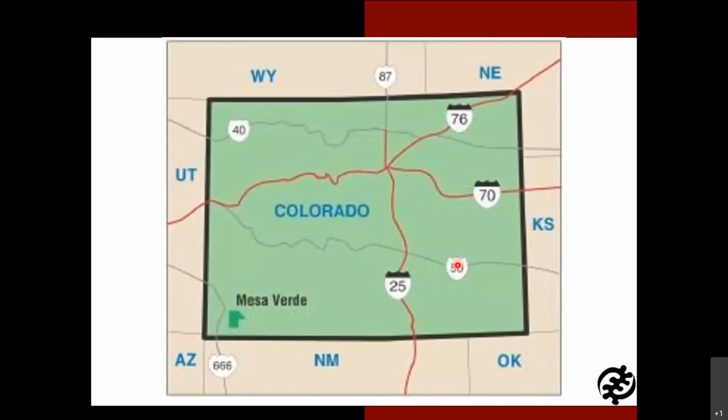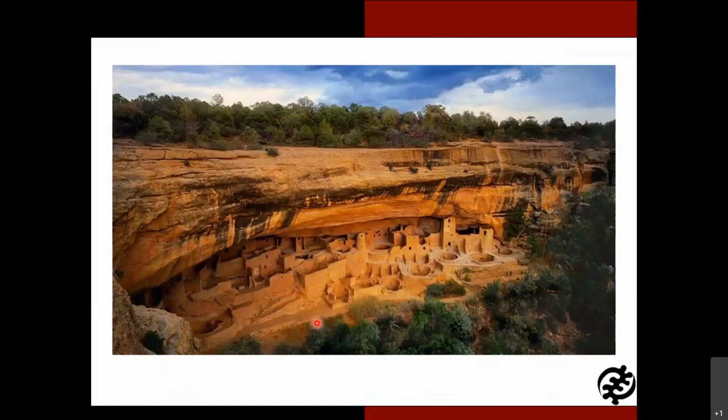Here's the state of Colorado. In far southwestern Colorado is Mesa Verde. If you ever get a chance to go, this is worth a trip to Mesa Verde National Park. In Mesa Verde, the Native American tribes literally carved their homes out of the cliff face.